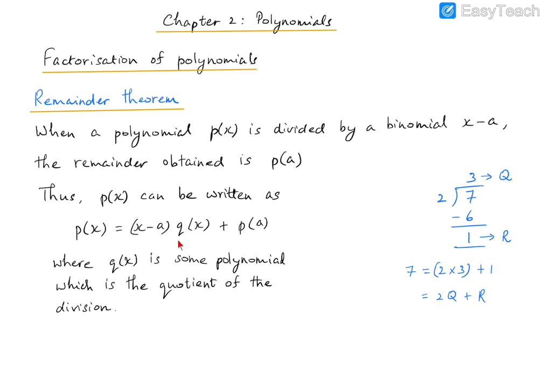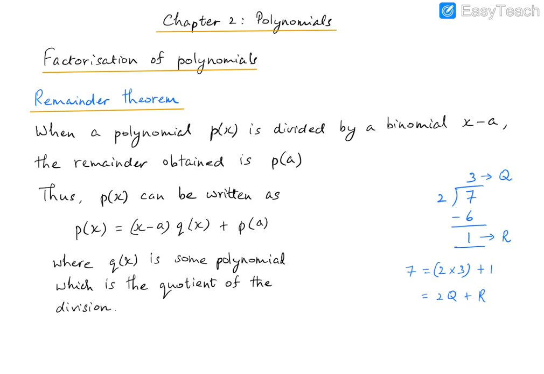Here q of x is the quotient, which will be some polynomial in x. So this is what the remainder theorem states, and what will happen if the value of p of a turns out to be 0? That is what the factor theorem leads us to.